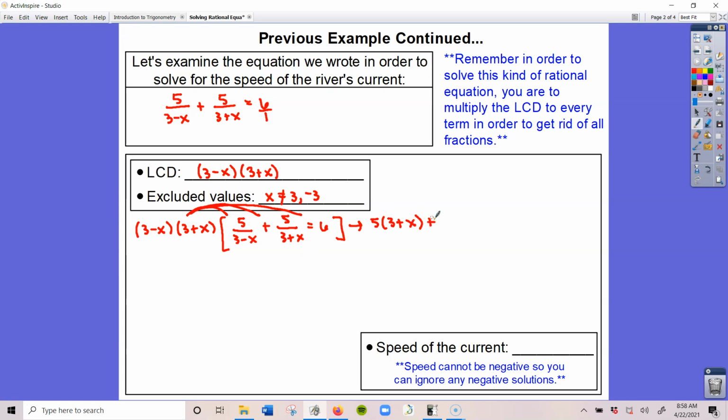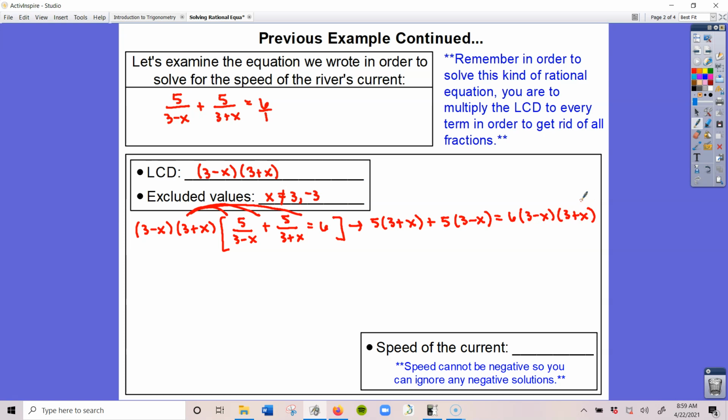Moving on to the next rational expression here, when I distribute it, the 3 plus x in this denominator would cancel with the 3 plus x with the LCD, so the only thing that I would multiply is the 3 minus x with the 5. And that's going to equal, now when I distribute the LCD to the 6, nothing would end up canceling, so I have to multiply 6 with 3 minus x with 3 plus x.